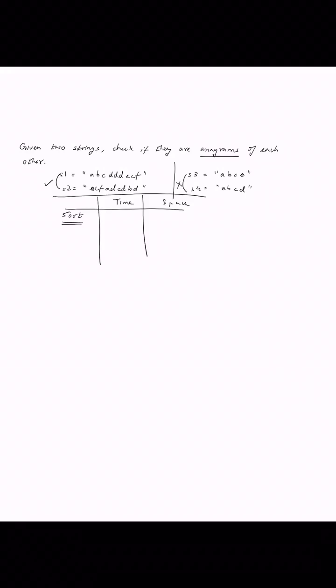For sorting, you would typically see O(n log n) asymptotic complexity, and depending on the type of sorting algorithm you use, if you do in-place sorting, you can get away with constant space, or if you're using something such as merge sort, you need O(n) additional space, where n is the size of the input. The question is, is there a way by which you can solve the problem using linear time and constant additional space regardless of the size of the input?